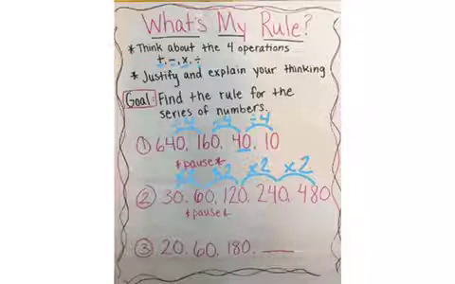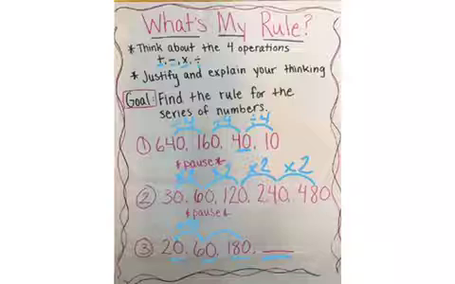In this series, we have 20, 60, 180, and then we had a missing number. So let's see. When I think about going from 20 to 60, I'm not subtracting. I could add 40, but if I add 40 here, I would get to 60.